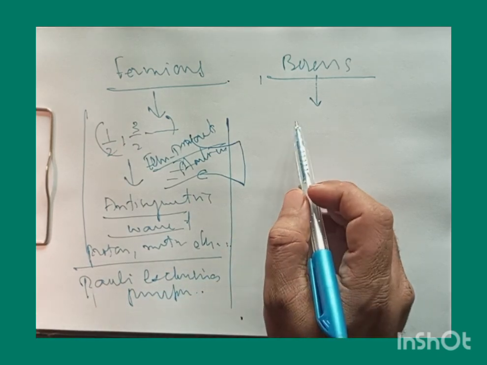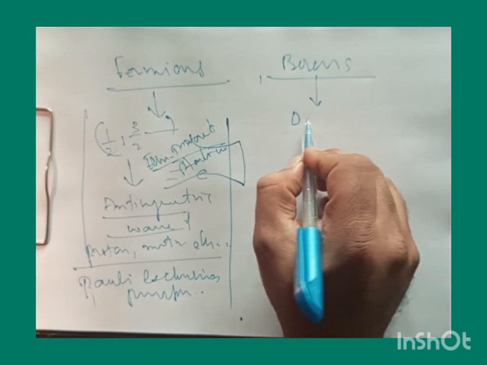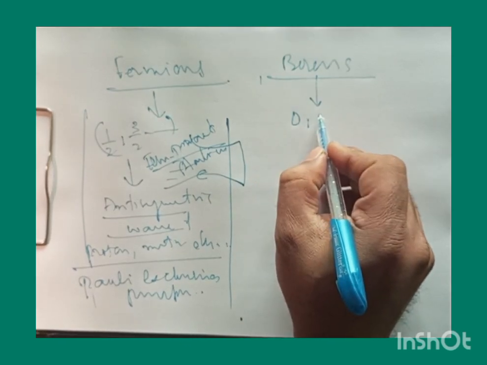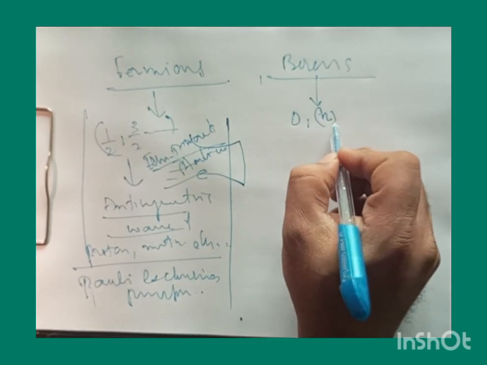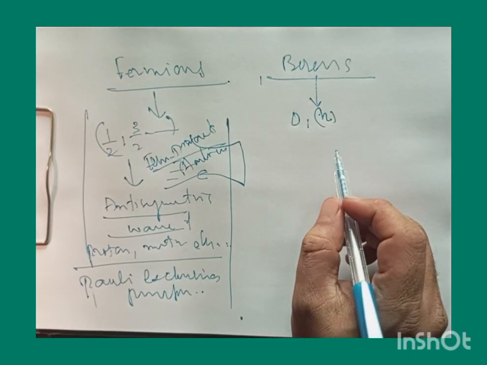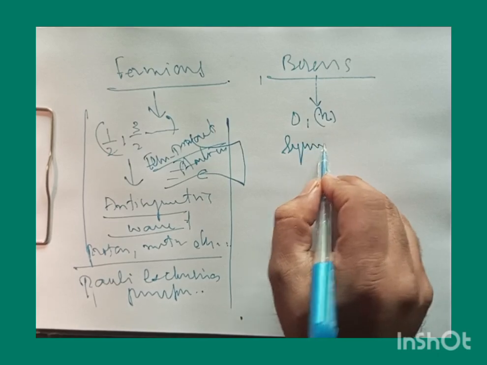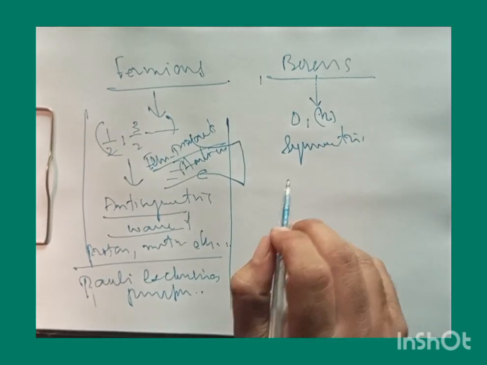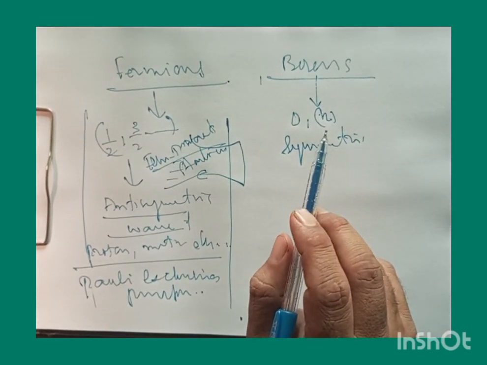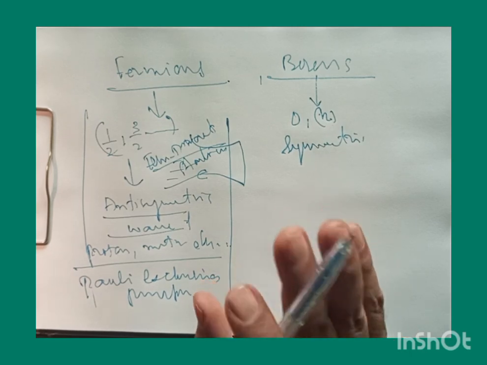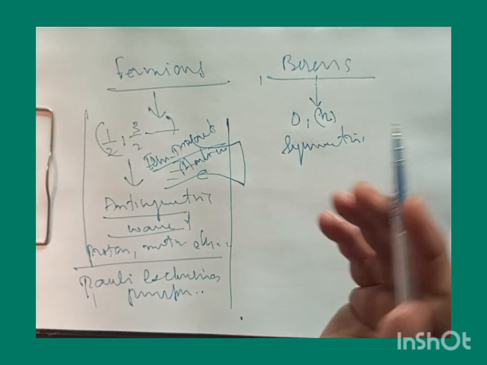Now, the particles whose spins are 0 or an integral multiple of h bar have symmetric wave functions, symmetric to an exchange of any pair of them.